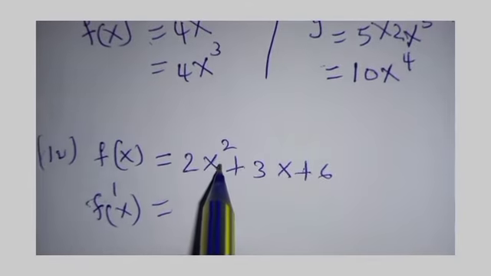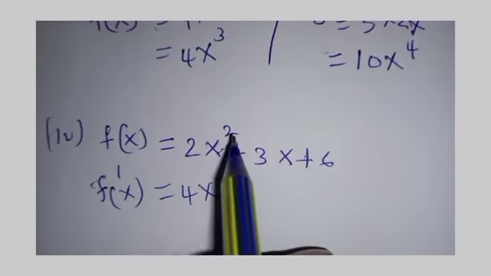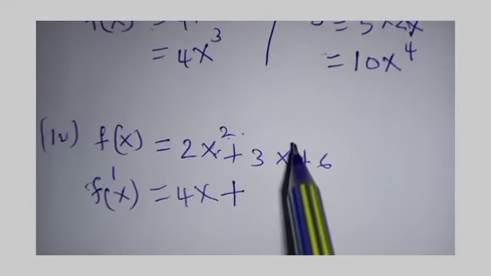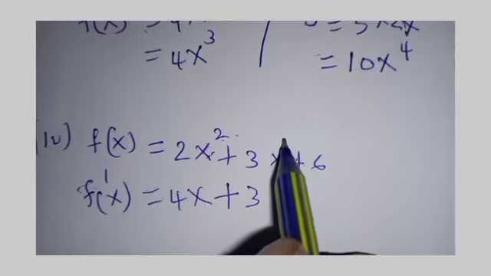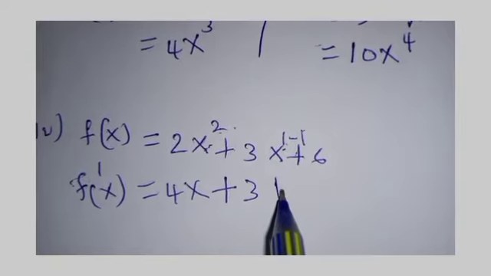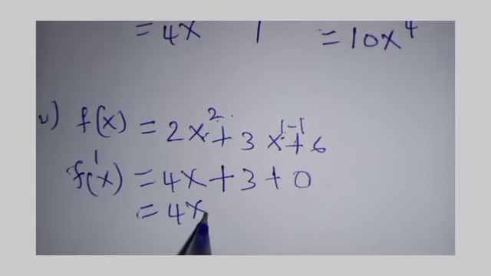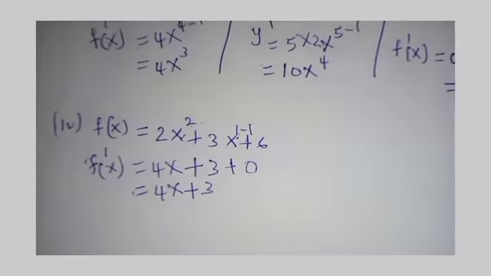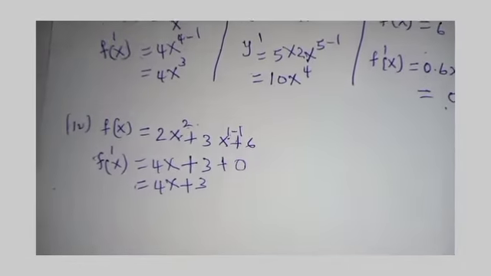So 2 differentiated, you have 2 times 2, which is 4, x power 2 minus 1 is power 1, plus here you have 1 times 3 is 3, x power 1 minus 1, it will be x power 0, which is equal to 1, plus 0, which is equal to 4x plus 3. So that is how we differentiate the function using the power rule, as simple as that.